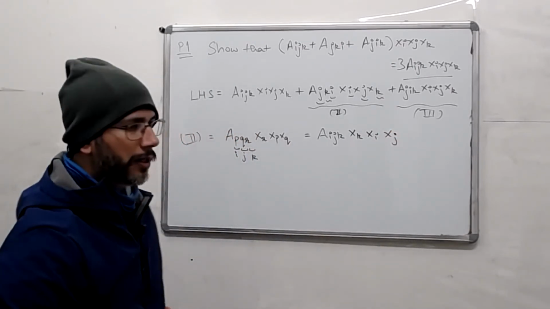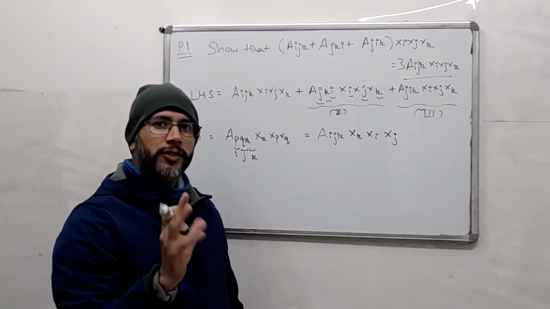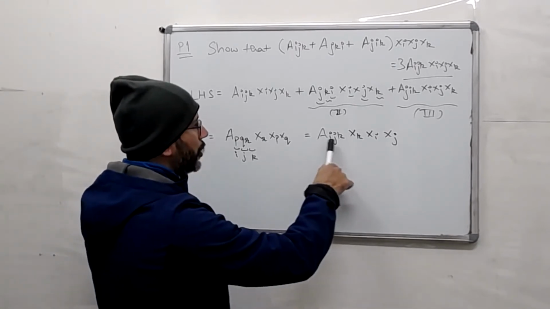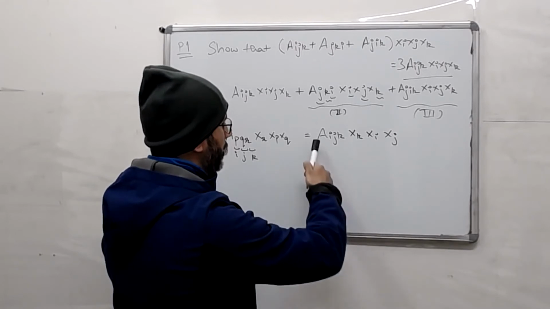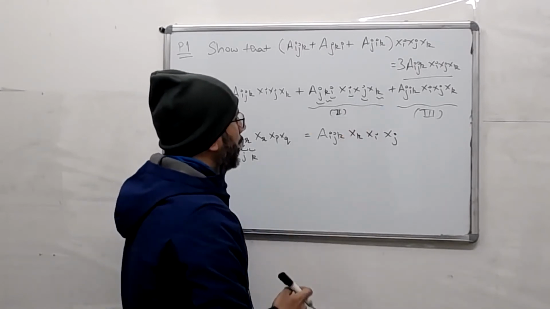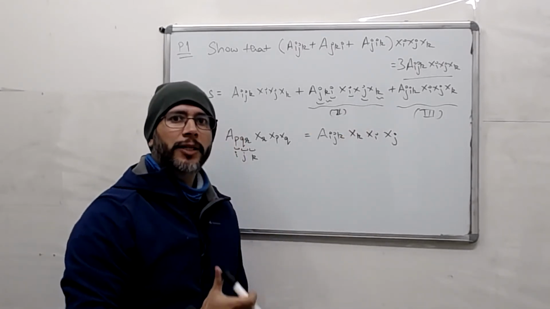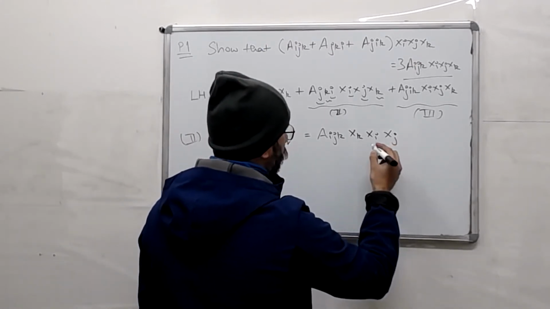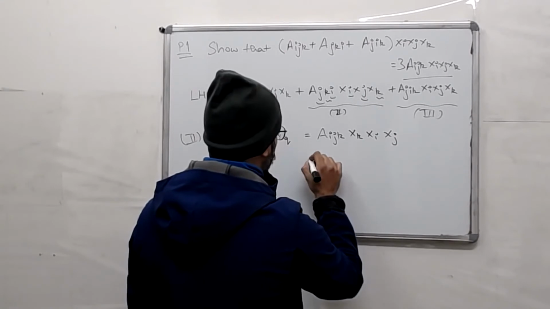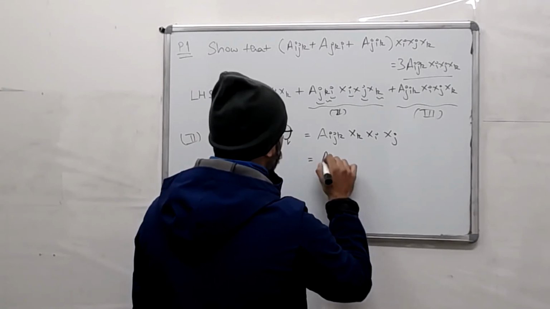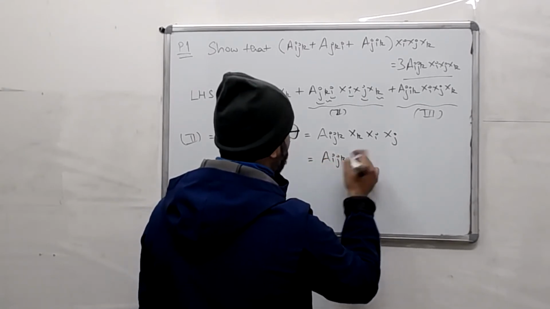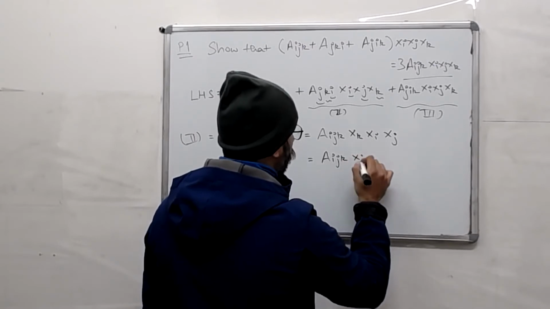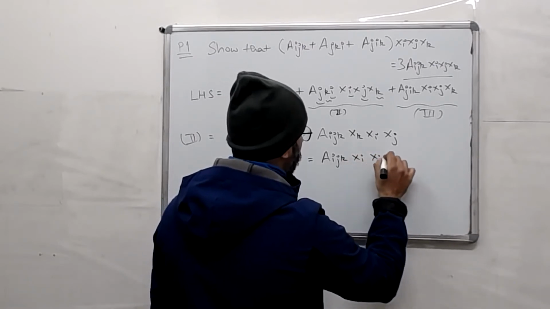Right, so very smartly we have changed the indices in such a way so that we get an aijk here. But that is completely allowed because in this expression i, j, and k all were repeated or dummy indices. Now remember xi, xj, and xk, they are just scalar components of a vector x. So we can move them around. So I can write xi first, does not change anything, then xj, and then xk.